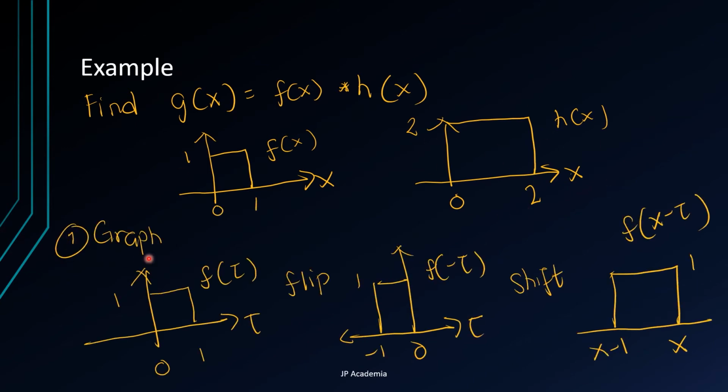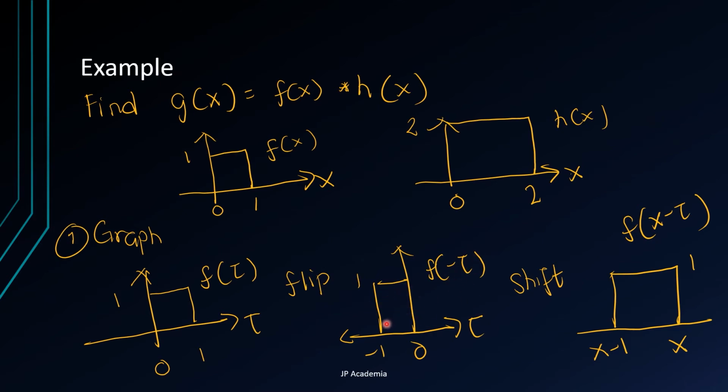Ngayon, first step is to graph. So graph mo muna, mag-start muna tayo sa input function f natin. Change mo muna yung variable to tau. So we have this dummy variable tau. So still, same pa rin naman yung graph niya initially. The next step is to flip. Flip mo siya by getting the negative tau.